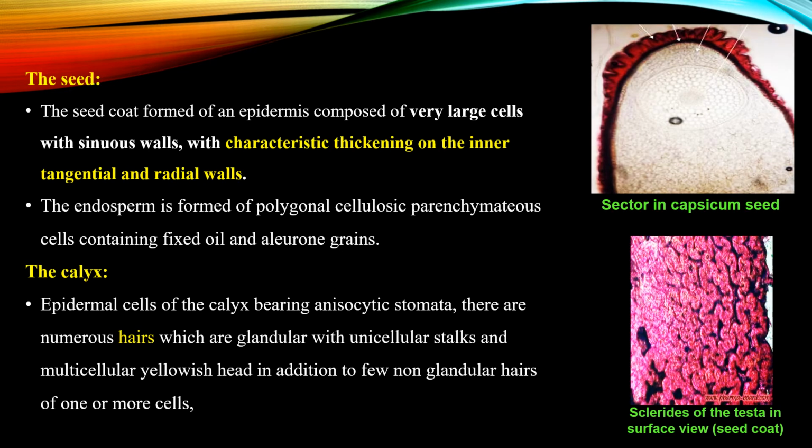The seed has a characteristic appearance: the seed coat or epidermis of the seed shows large cells with sinuous walls, very thickened on the outer and inner tangential and radial walls, which give a characteristic appearance in surface view.